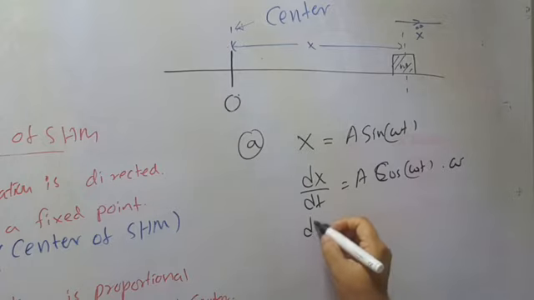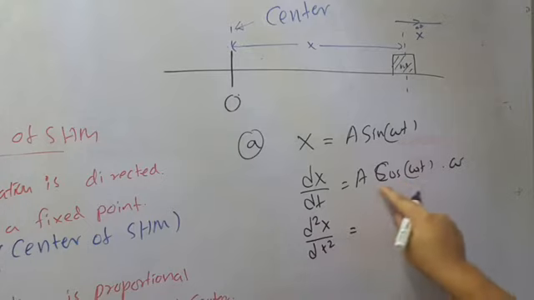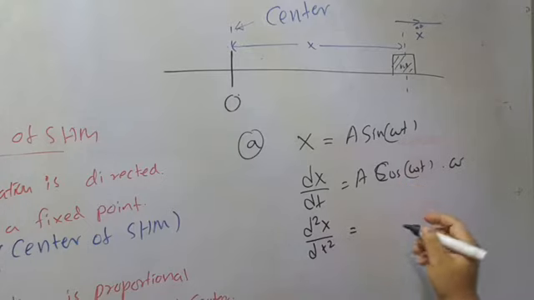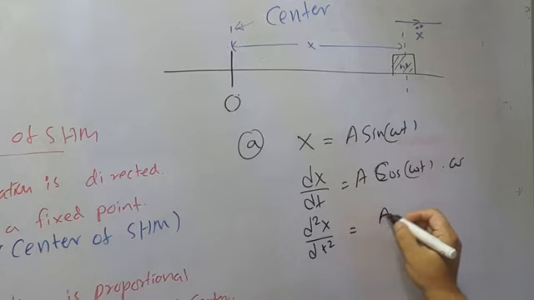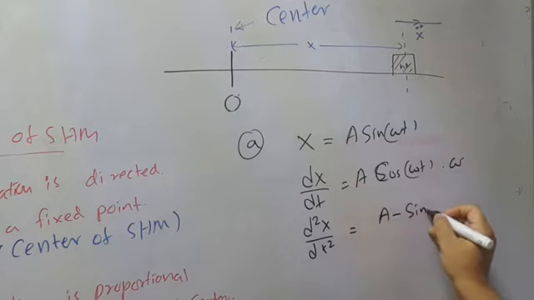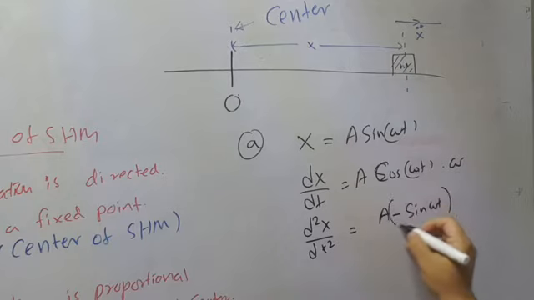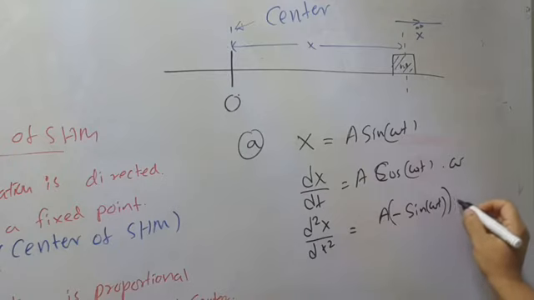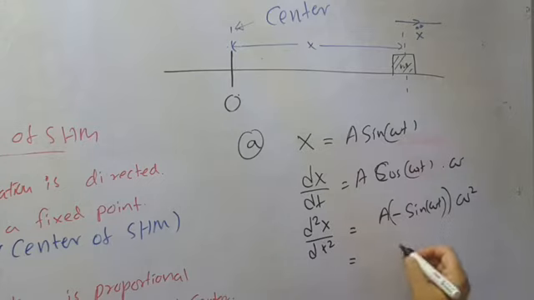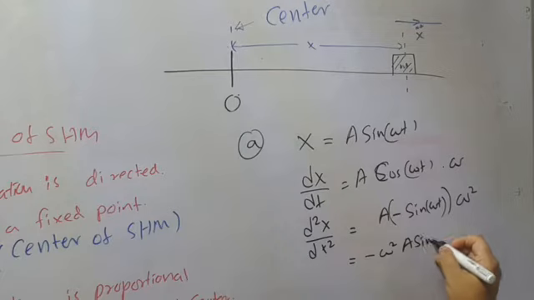For the second derivative, d squared x over dt squared, this becomes minus a sine omega t, and then you multiply by omega again, so this becomes omega squared. What we get here is minus omega squared a sine omega t.